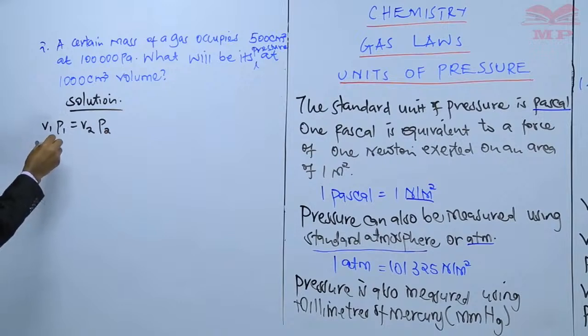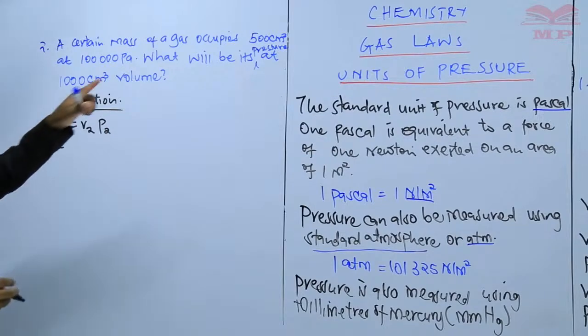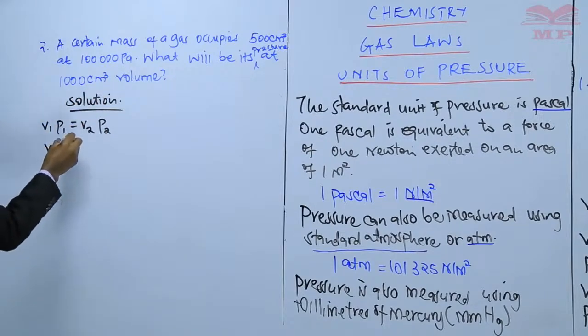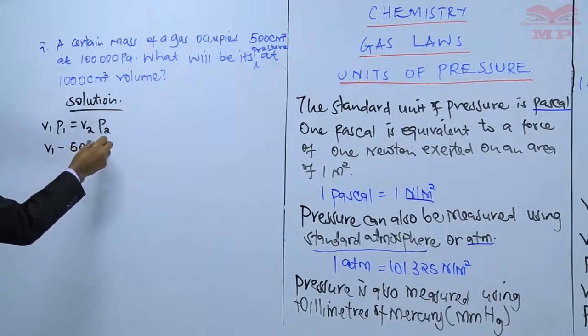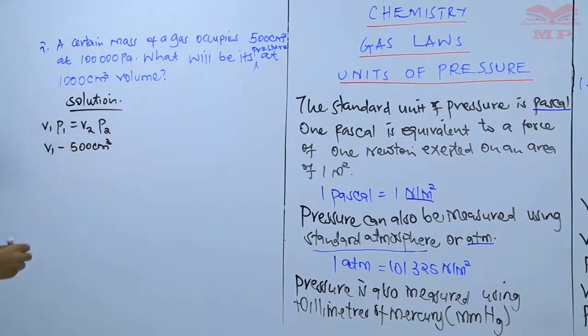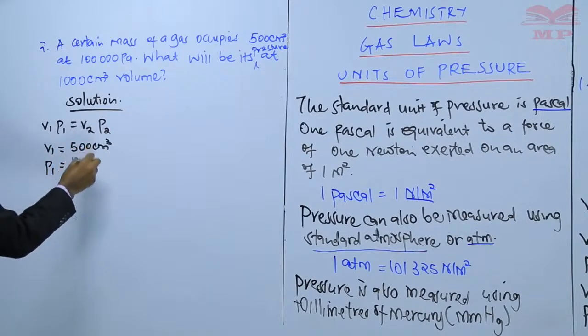Our V1 is 500 centimeters cubed, and P1 is 100,000 pascals.